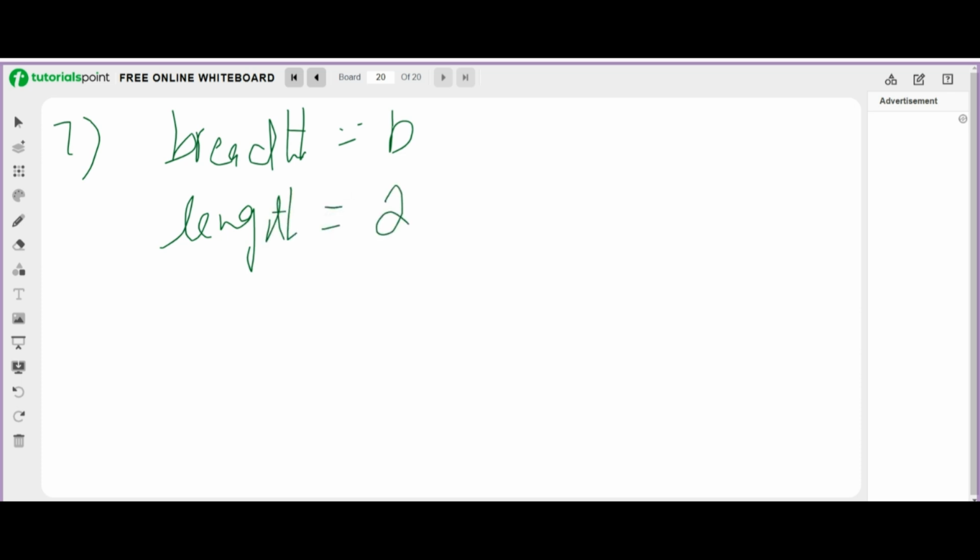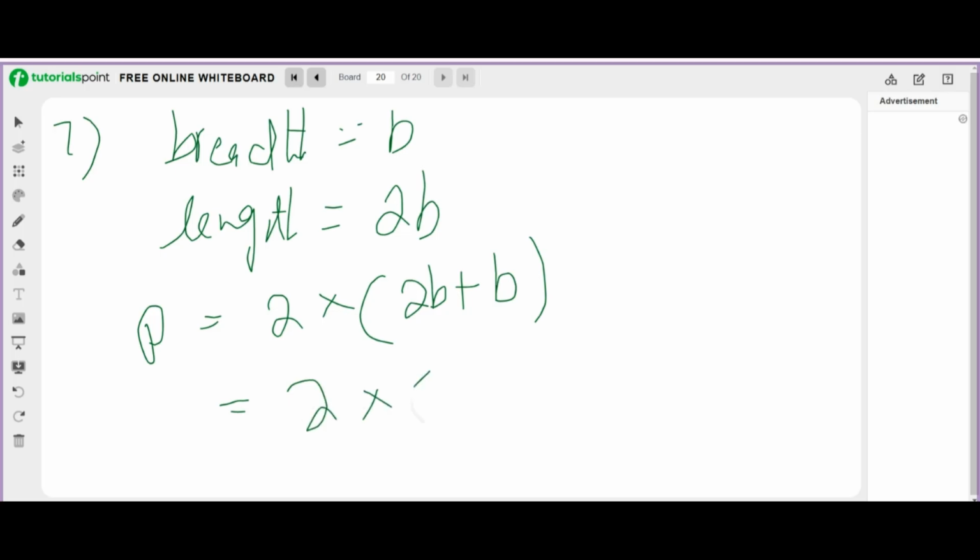Then it will be 2B. It is twice the breadth, so it will be written as 2B. Then the perimeter is 2 into (2B plus B). Okay, and then 2 into 3B. 2 threes are 6, it will be 6B.